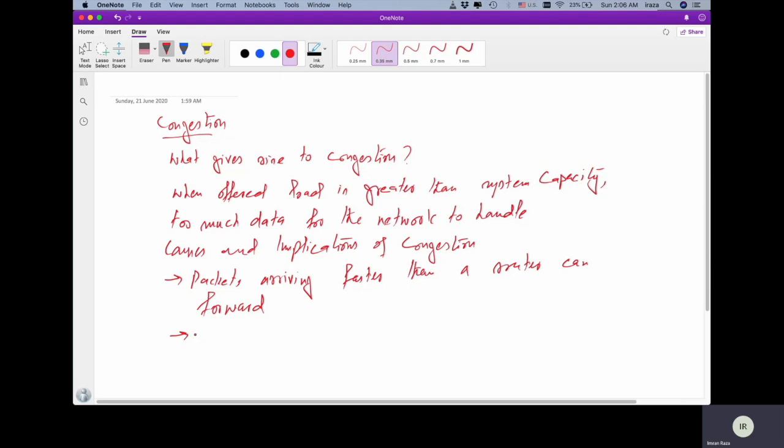Yes, routers in the network queue packets. So there are queues in the router. We place packets in the queue that they cannot serve immediately.